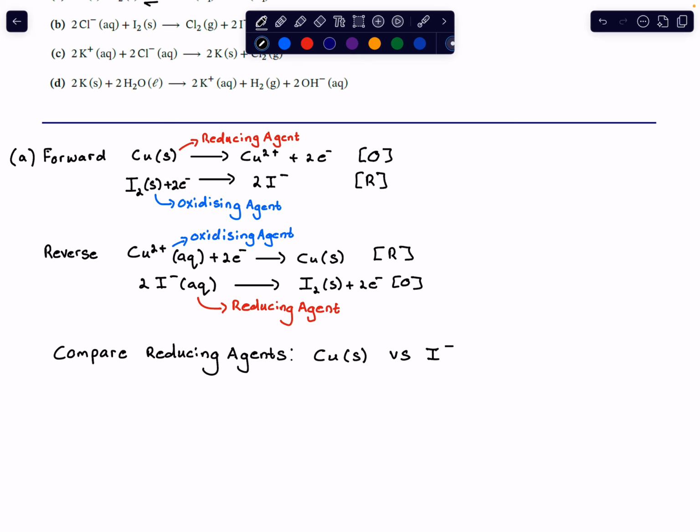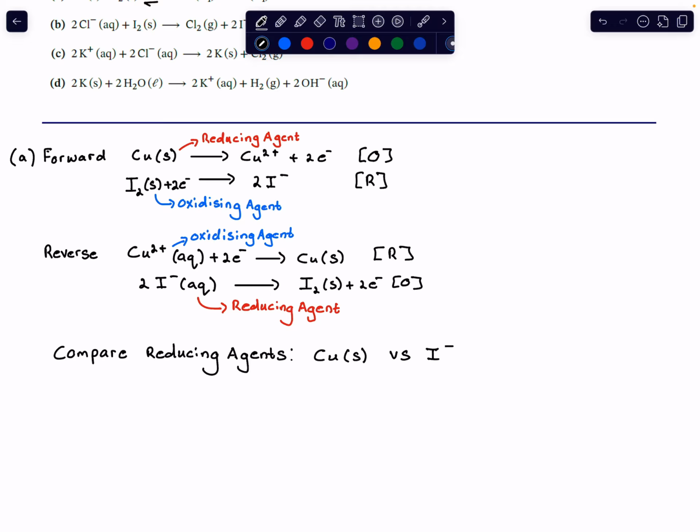So if copper solid is the stronger reducing agent, then the forward reaction is the favored reaction. If I minus is the stronger reducing agent, then the reverse reaction is the favored reaction.